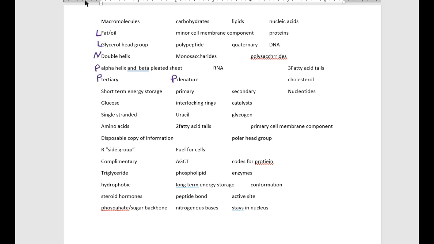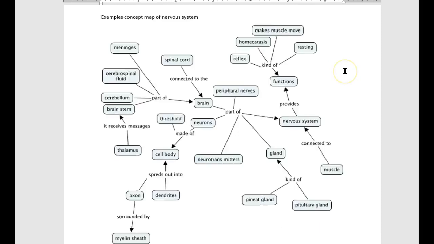Polysaccharide, that's carbohydrate. So label everything: carbohydrate, nucleic acid, protein, or lipid. Each one of those will have a designation. Then you can go through, work on your carbohydrates, then nucleic acids, then your proteins, then your lipids.